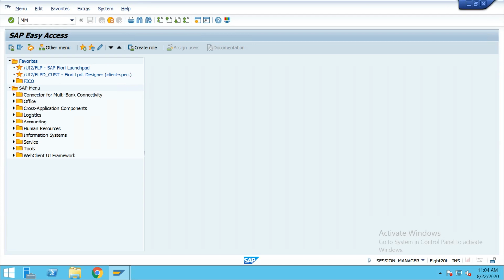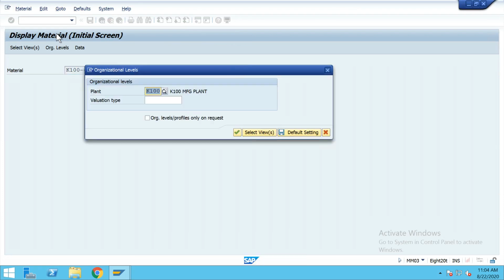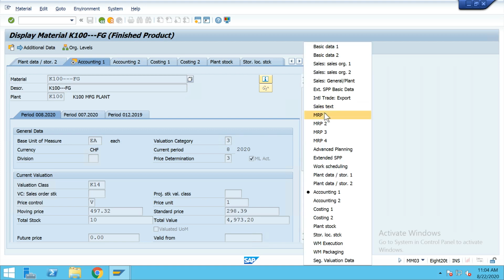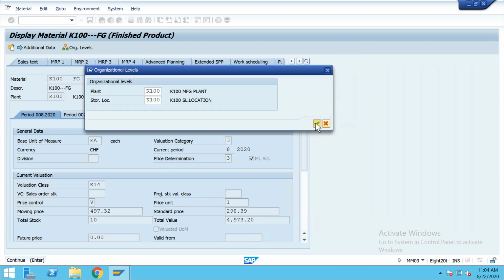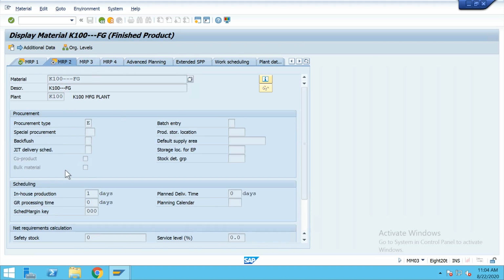See, I can open one material and show you. Any one material. MRP1. Here MRP1, 2, 3, 4 are there. If you know debugging, I debugged this material master MM01.